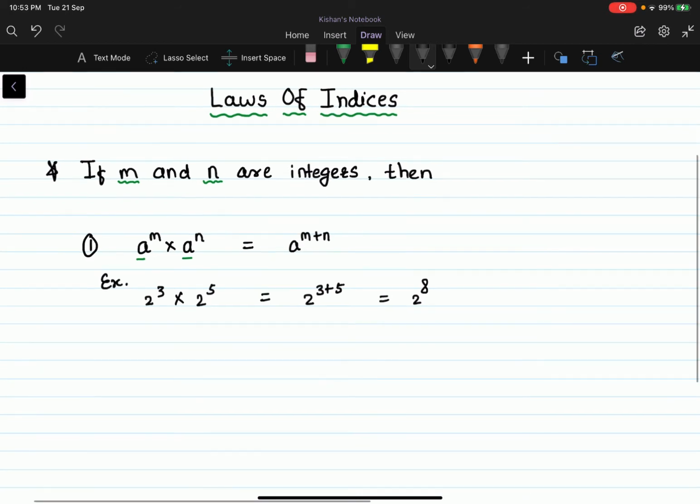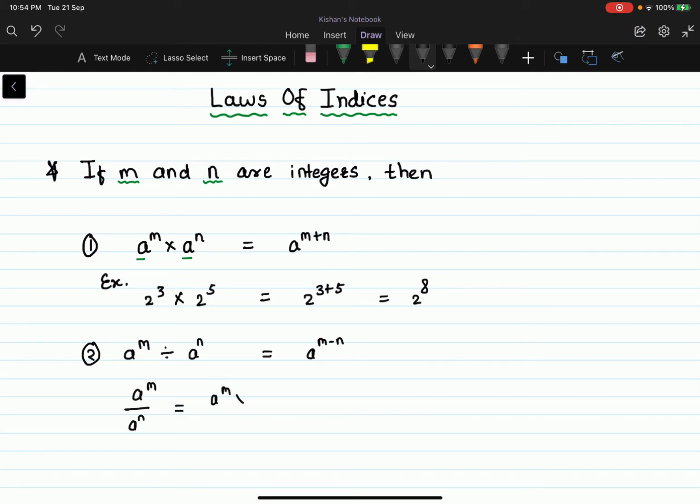Second law, a raised to m divided by a raised to n is equal to a raised to m minus n. We can write this as a raised to m divided by a raised to n equals a raised to m into a raised to minus n. We are taking this in the numerator.